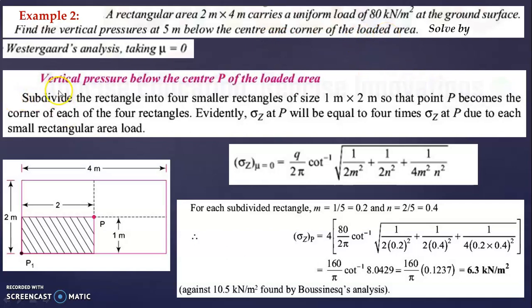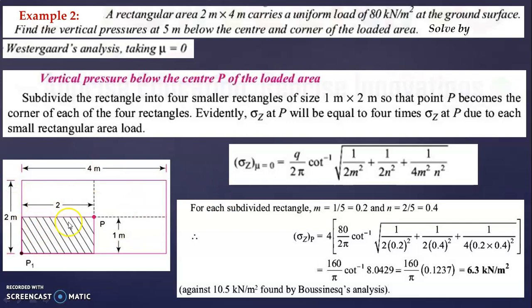For the first question, vertical pressure below the center of the loaded area, we have to calculate this point. What we can do here is subdivide the rectangle into 4 smaller rectangles of size 1 meter by 2 meter, because this is 2 meter by 4 meter. Because we are calculating the vertical stress at the center, once the vertical stress is found for one rectangle, you can multiply it by 4.